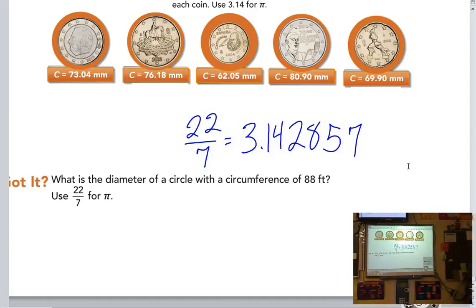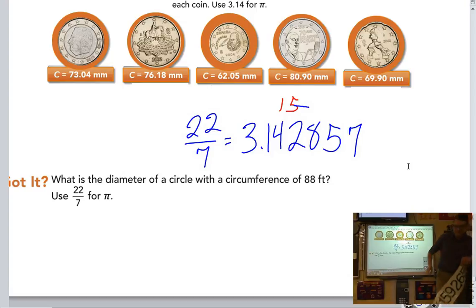So real pi, if we actually look at the actual decimal places, starts with 3.1415. And this goes 3.1428. So let's think about 3.14 with nothing after it, right?